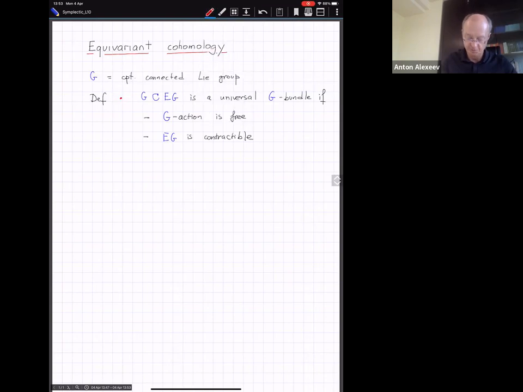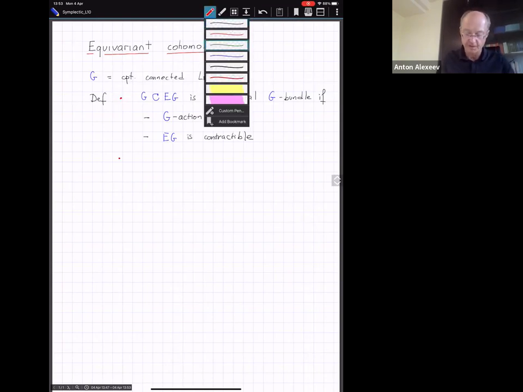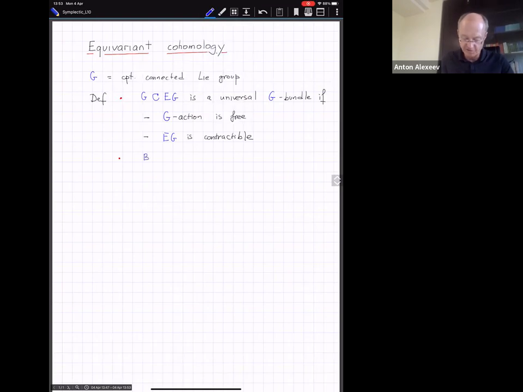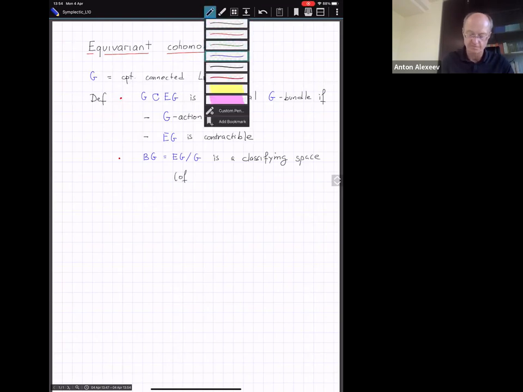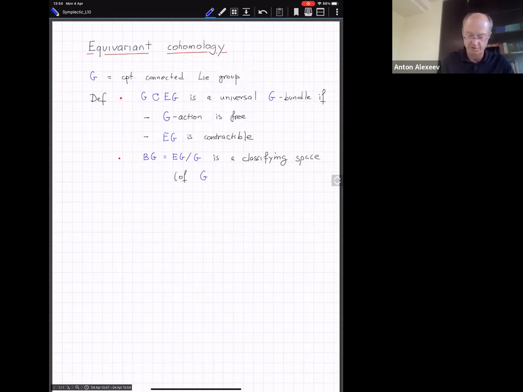So then if you have such an EG, then we have a space which is called BG, which is a quotient of EG by that free G action. And this is called a classifying space of G bundles.